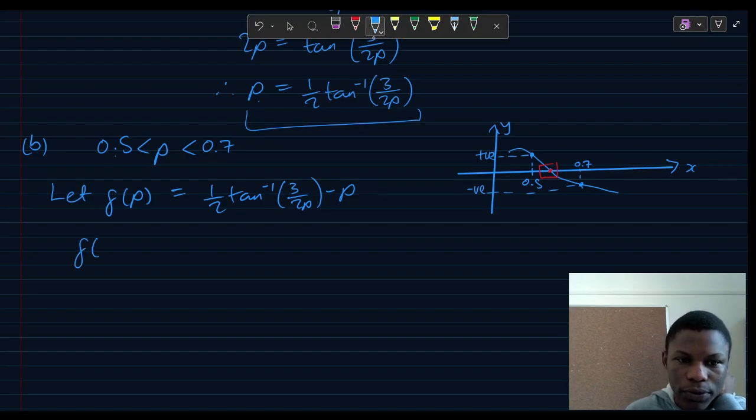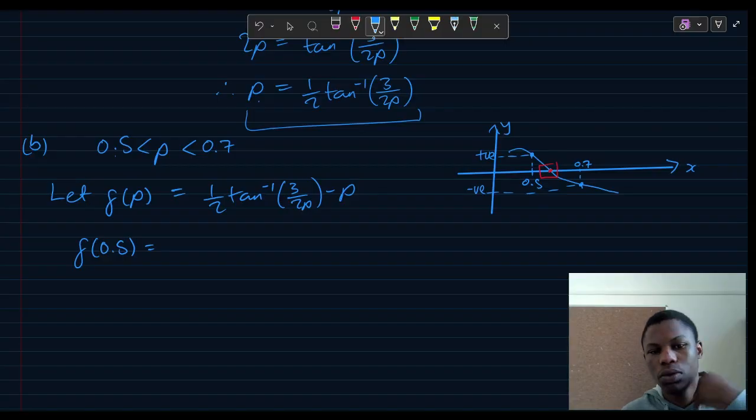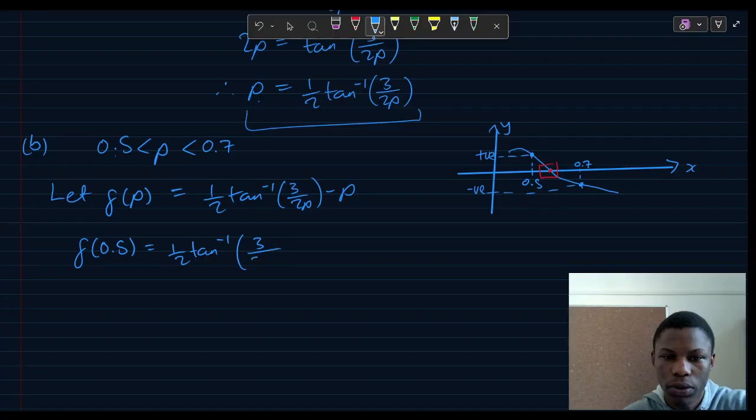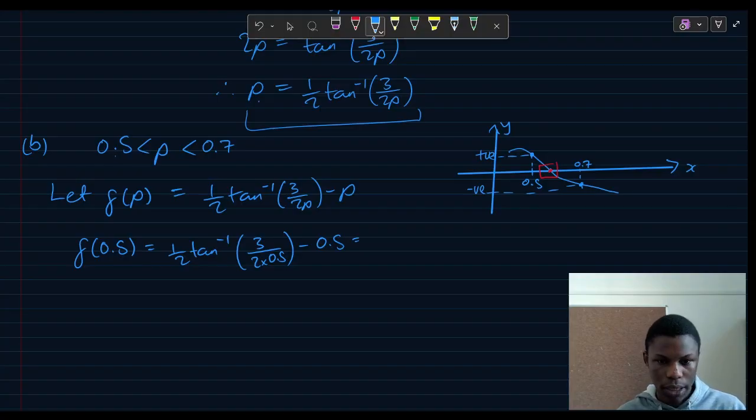So we're going to do f of 0.5 is equal to 1 over 2 arctan of 3 over 2 times 0.5 minus 0.5. Punch this into the calculator. That's 1 over 2 arctan of, make sure you are in radians, 3 over 2 times 0.5 minus 0.5. And this gives me 0.1245, more importantly, plus.